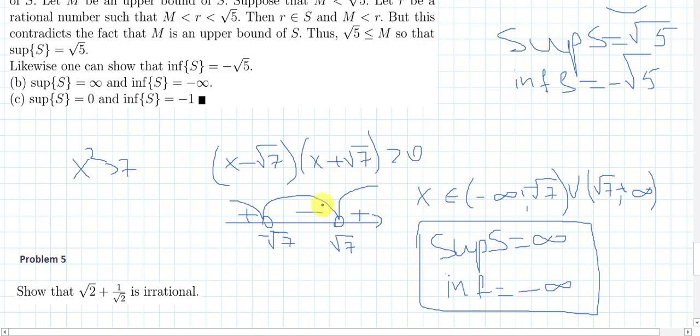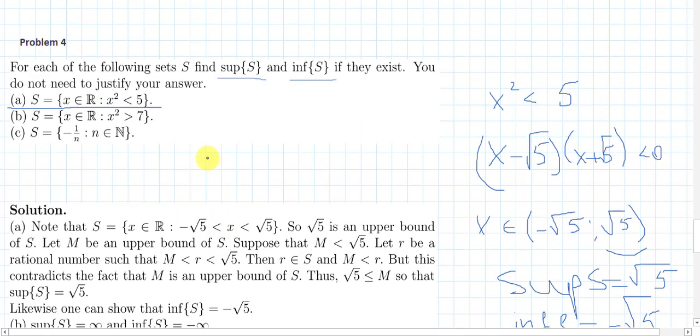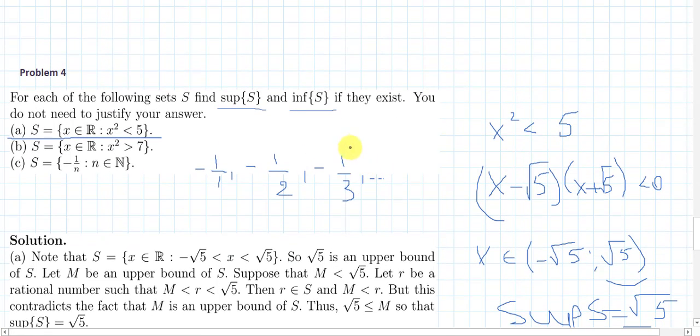Now the third case. Minus 1 over n. So let me write minus 1 over 1, minus 1 over 2, minus 1 over 3, etc. In our case, the supremum of this set is 0 because it tends to 0, and it will be the least upper bound.